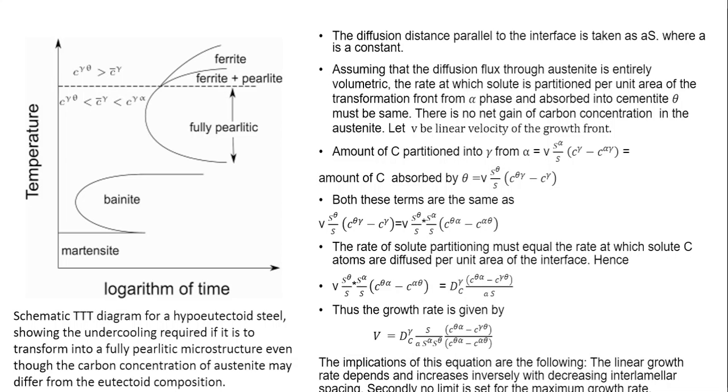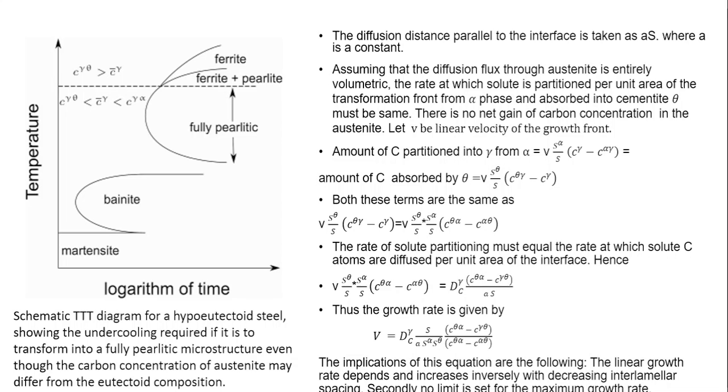So whatever atoms are partitioned, moved away from the alpha phase, they must be absorbed into the cementite phase. There is no net gain of carbon concentration in the austenite. So this partitioning, or diffusion, is taking place in the austenite phase.